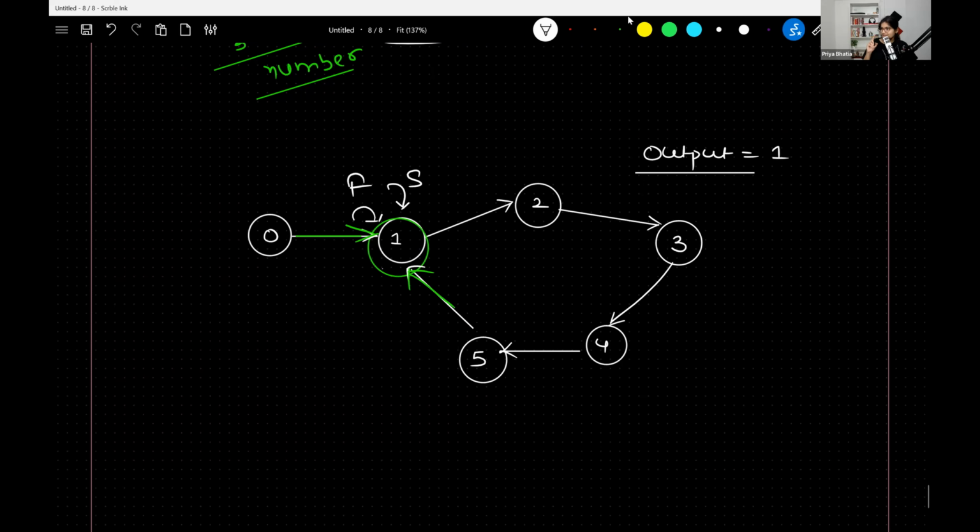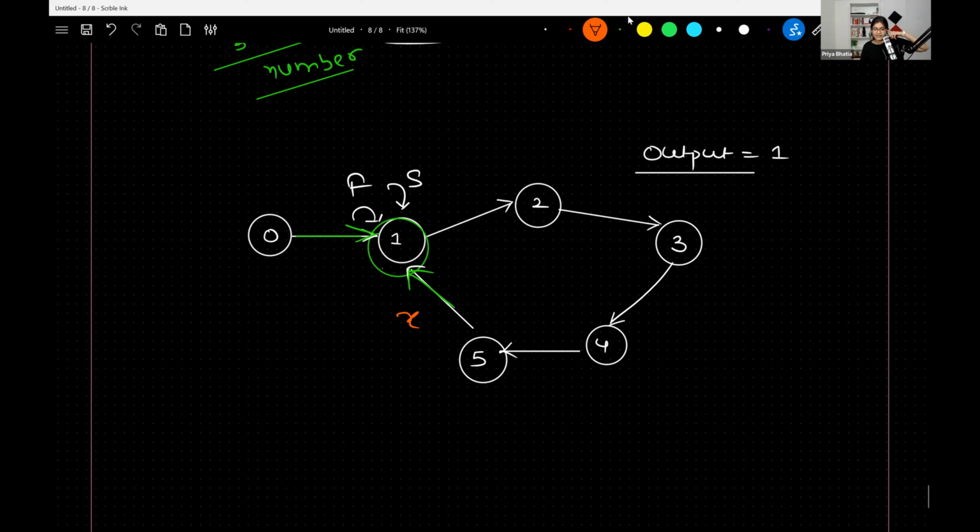Now, is this clear? I think this example gives you a better idea about what is happening: what part 1 is doing and what part 2 is doing. So basically, let's say the difference between this meeting point and this duplicate number is x.